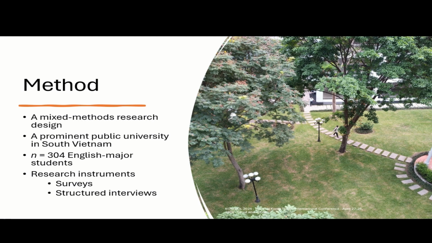The sample size was a little more than 300 English major students, university students to be more specific. There were two research instruments that I used. The first one is a survey form, and the second one is structured interviews with the student participants.